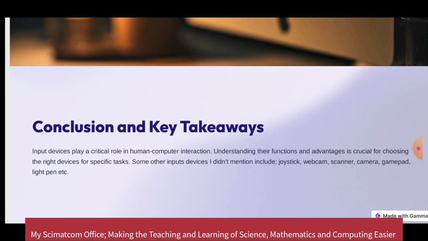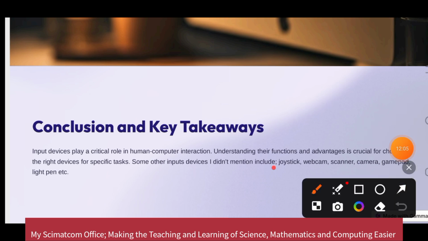Some other input devices I didn't mention include the joystick, webcam, scanner, camera, gamepad, light pen, and a lot more. The most common ones are the ones that I mentioned.